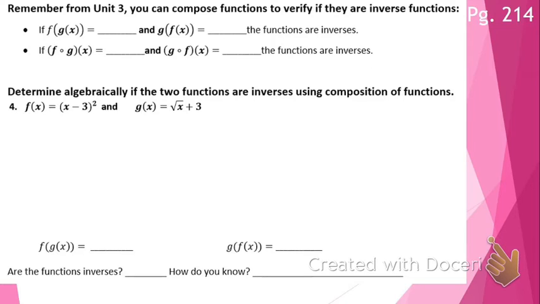We're going to put them together, and what am I looking for to happen? What do I want my end result to be for me to say, yep, they're inverses? Not a 0, but just an x. X all by itself. If I get just x, then the functions are inverses.